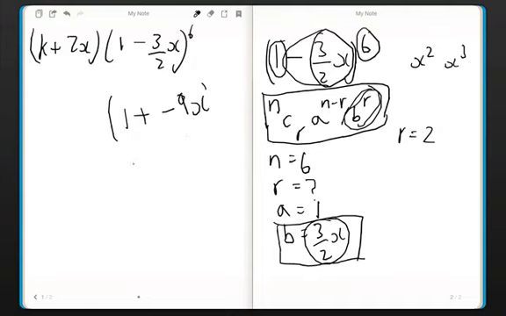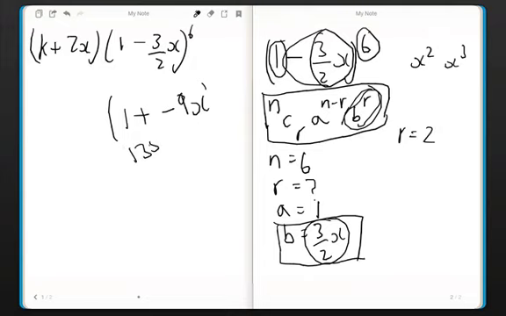And we have our r equal to 2 already, which is what we've got was 135 by 2, let me just check that. 6c2 into a to the power of 4, b to the power of 2. Yes, it's 135 by 4, my bad.